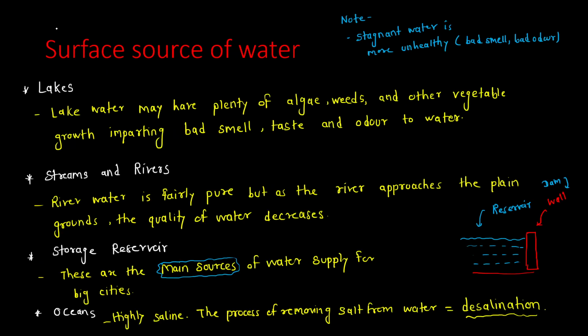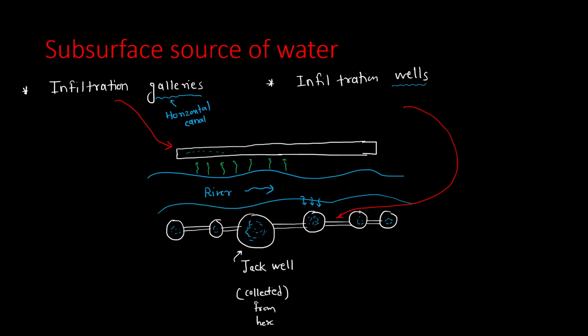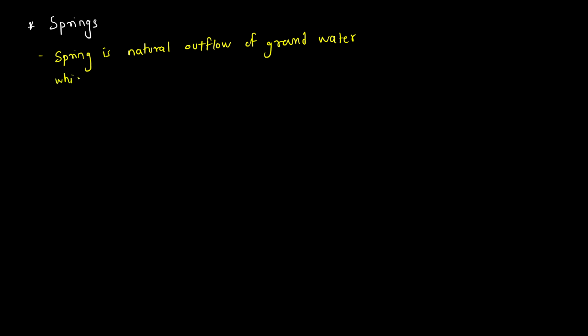Now the next underground source is the springs and then wells. So we'll see quickly few points about springs. A spring is a natural outflow of groundwater which appears at the ground surface.